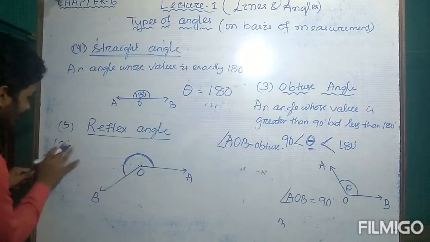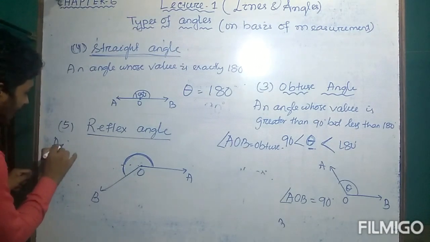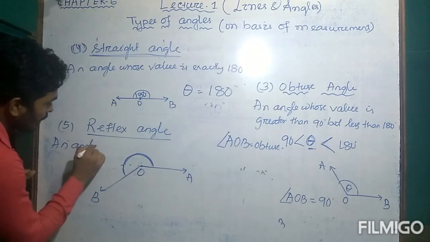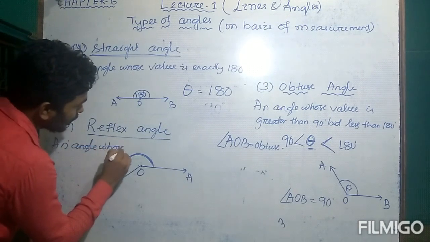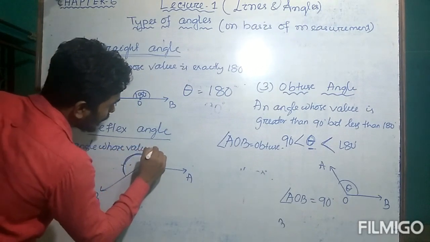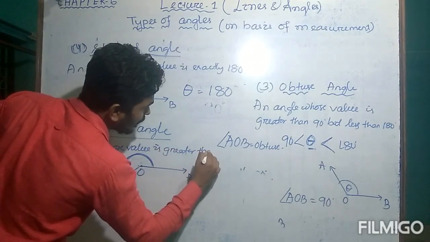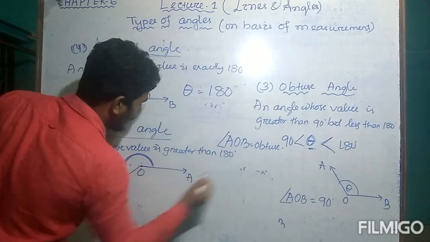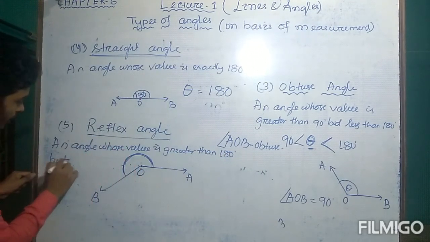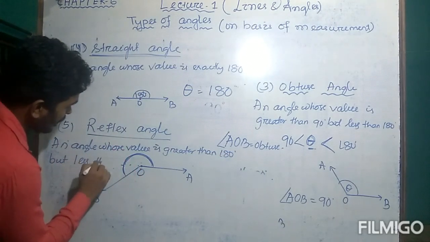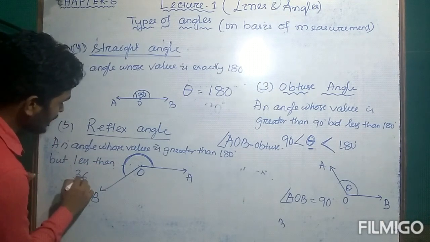So the simple definition of reflex angle is an angle whose value is greater than 180 degrees but less than 360 degrees.